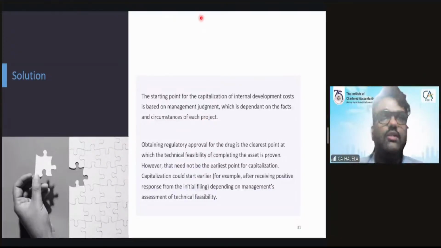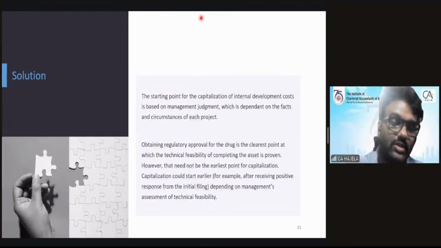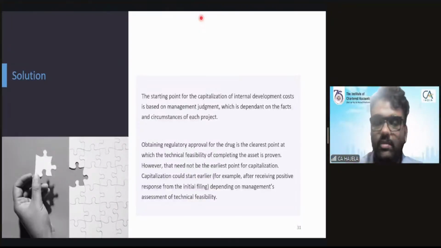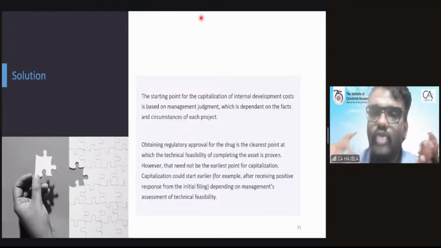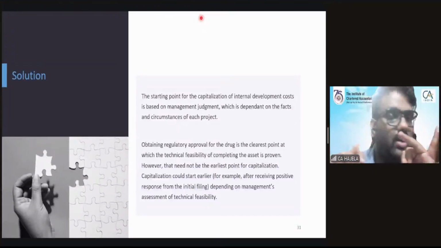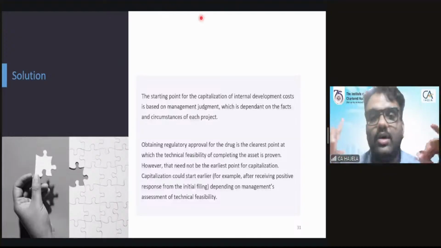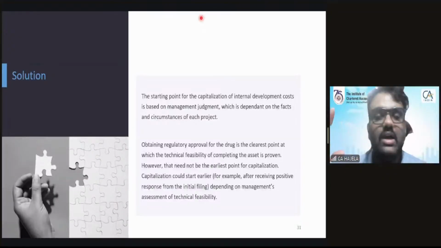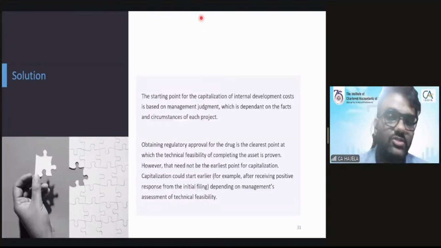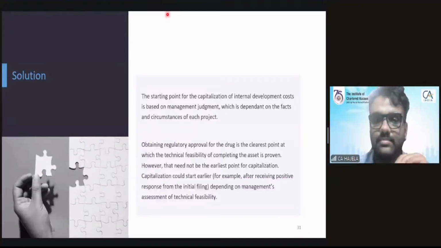If a management is adamant, no, we are very sure that this can be capitalized, then the auditor will have no right to deny it if that is how the industry practice is also there. क्योंकि this particular regulatory filing will not be followed just by a particular company. So how industry performs, how are other competitors performing, what has been the past trend, considering all these things, the judgment is formed. Right, sir?